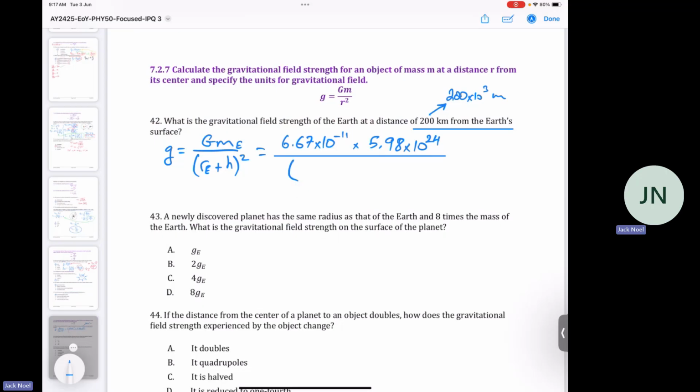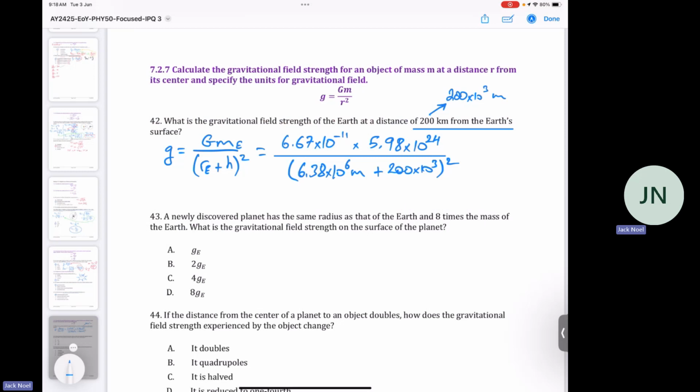Over. Now the distance, the radius of Earth is, let me quickly check. The radius of Earth is 6.38 times 10 to the power of 6 meters, plus we have the 200 kilometers, which is 200 times 10 to the power of 3, squared.